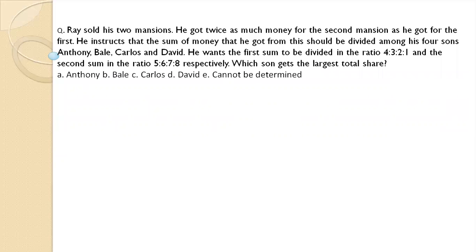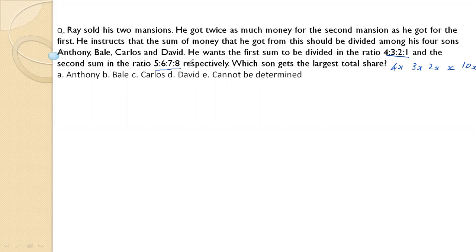Now, normally to solve this question, you would have used variables. So you would have taken the first sum as 4x, 3x, 2x, and x, the total therefore being 10x.